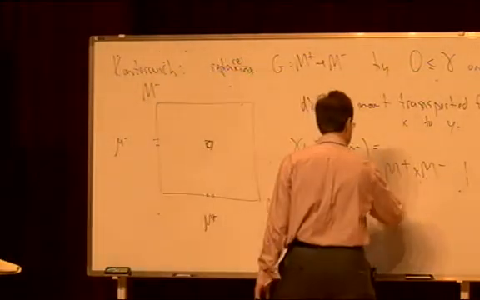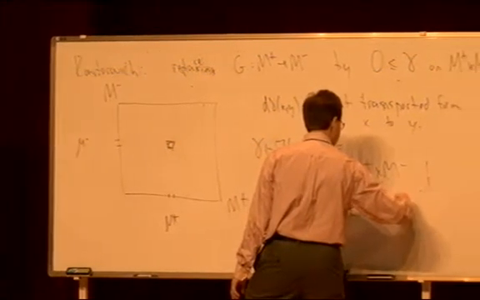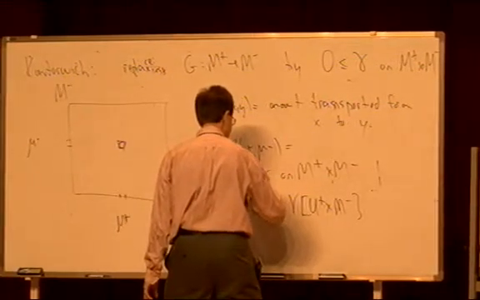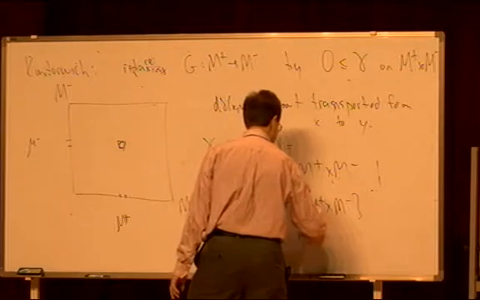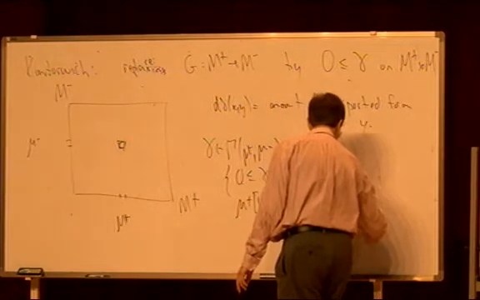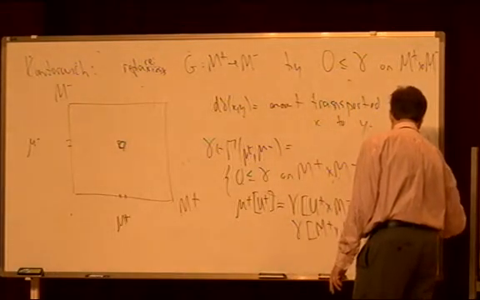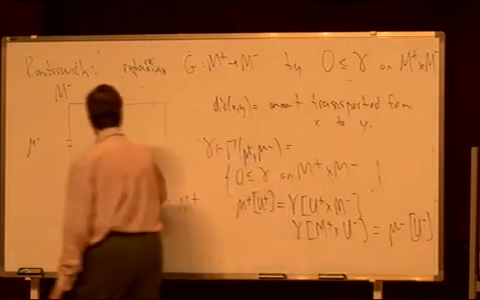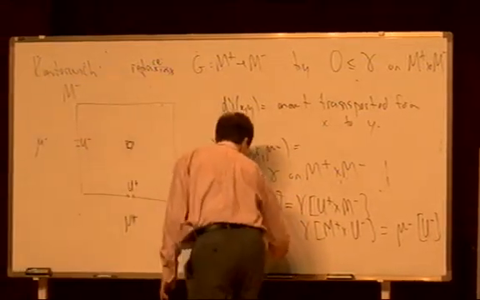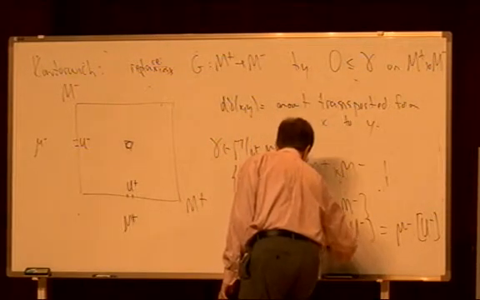So in other words, gamma of u plus cross m minus should exactly be equal to mu plus of u plus. And gamma of m plus cross u minus should exactly be equal to mu minus of u minus. This should be true for every Borel u plus and minus in m plus and minus.